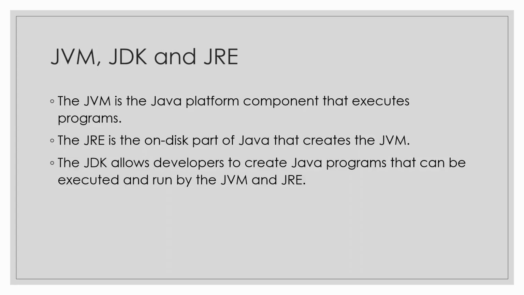The JRE is the on-disk part of Java that creates the JVM. So basically the JVM is a part of the JRE, and the JDK allows developers to create Java programs that can be executed and run by the JVM and JRE.